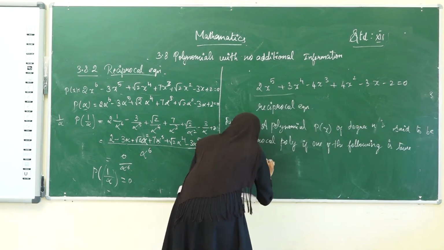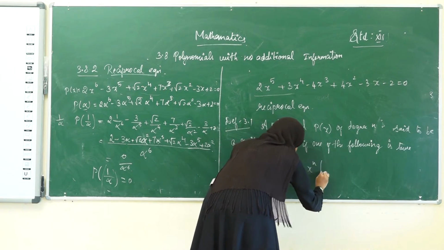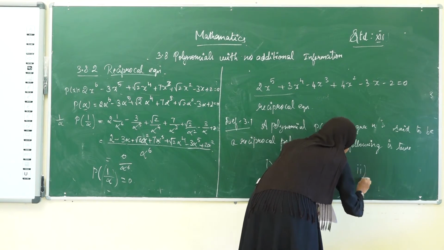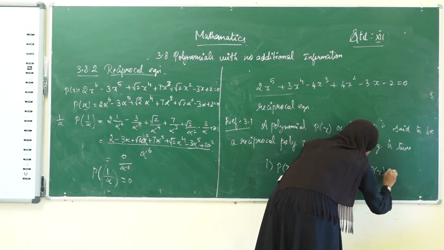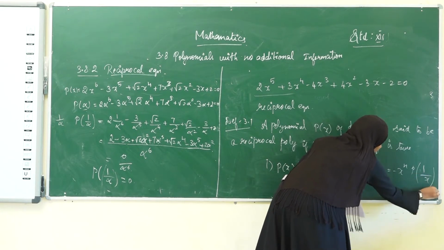What are the conditions they have given? First condition is p of x is equal to x power n into p of 1 by x, and the second condition is p of x is equal to minus x power n into p of 1 divided by x.